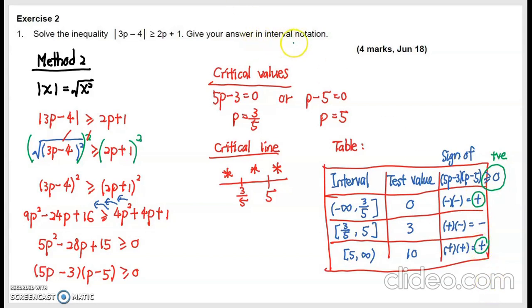Finally, the answer in interval notation will be negative infinity until 3/5, or 5 until positive infinity. You can compare with method 1 and we have the same answer.